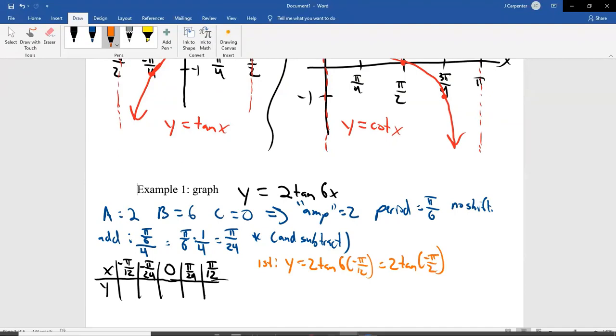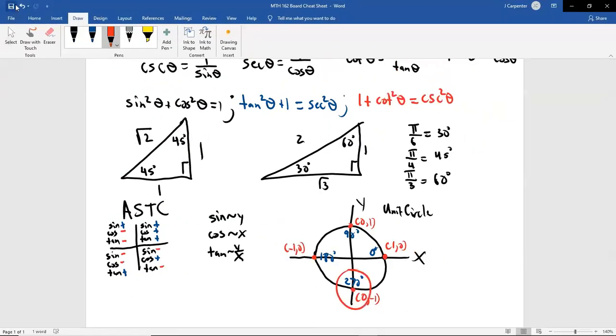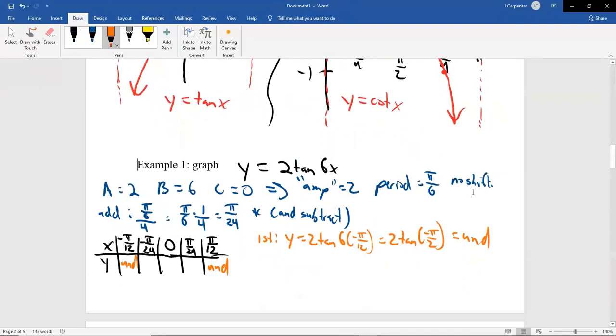So we go to our unit circle, negative 90 degrees, which is here. Tangent's the ratio of y over x. So it's negative 1 over 0, which is undefined. You can plug in the fifth one if you'd like to prove that it's undefined, but I'm just going to use the pattern. The middle one should be 0.